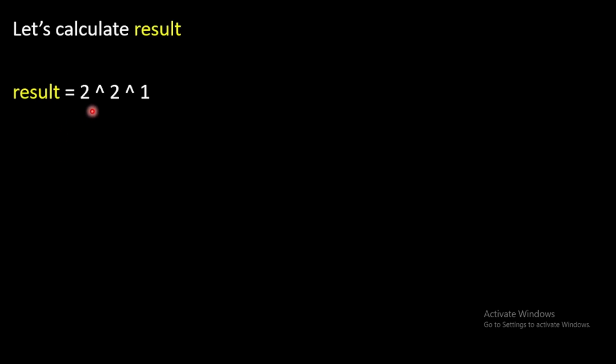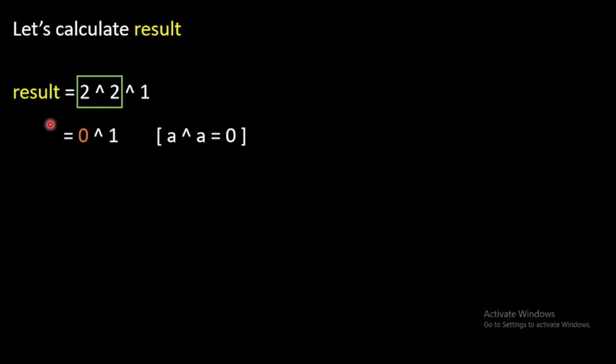Now let's calculate result. So result was 2 XOR 2 XOR 1. Let's consider the first two elements. In this box, you can see that the first two elements are the same, and in our previous section we have already discussed that if XOR operates on two same numbers, then the output will be 0.